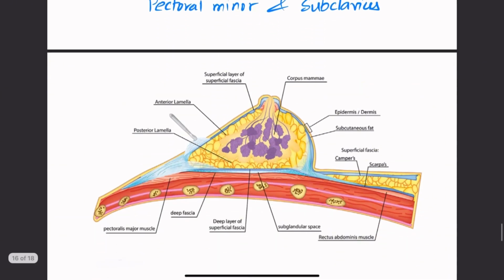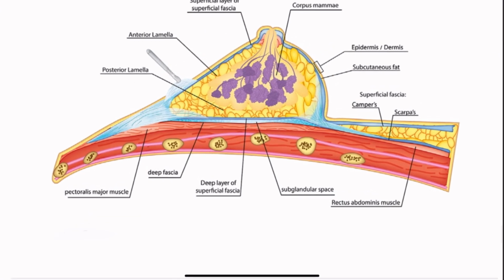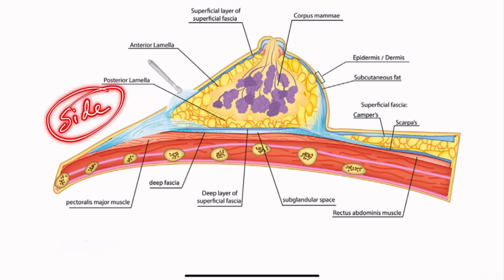Let me show the same thing with the help of a better diagram. So this right here is the side view. It contains the breast as well. So this is the side view of the pectoral region.